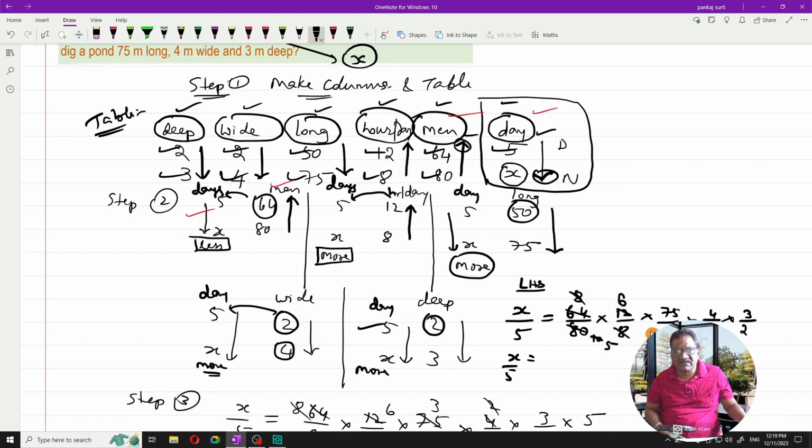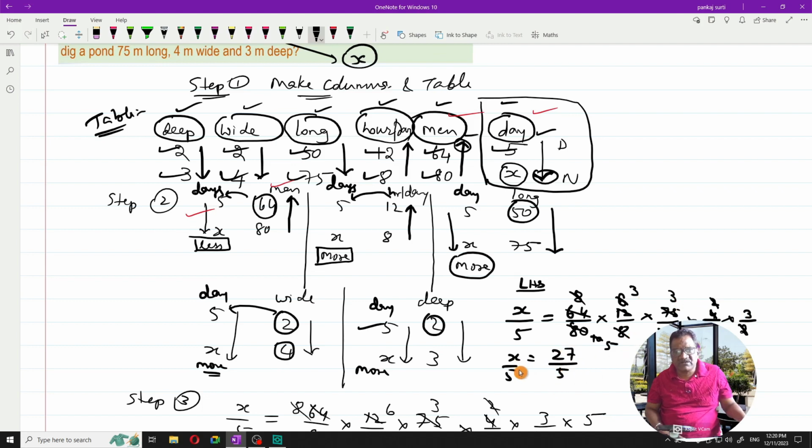Here I'll get a 6 and this 2 will cut here 3 times. Okay, fine. Now 50 and 75, 25 into 2 is 50, 25 into 3 is 75, fine. Then 3, what else is there? This 2 will go here 2 times. And this 2 and 2 will also cut. So you are left with 3 into 3 is 9, 9 into 3 is 27, upon 5.